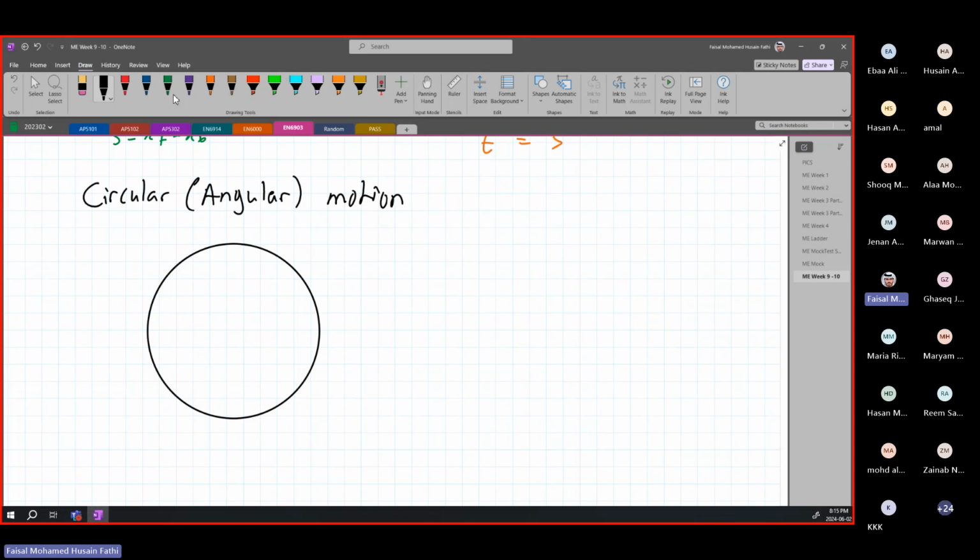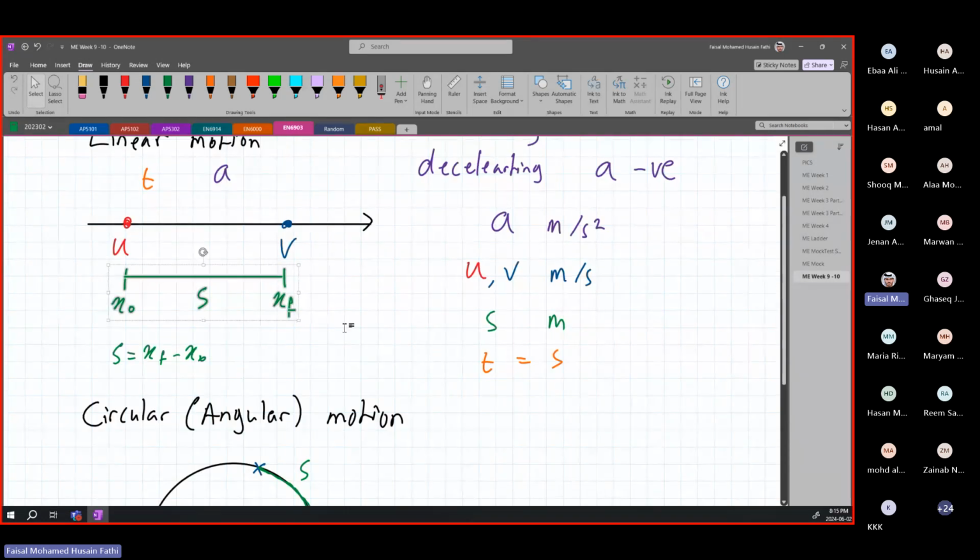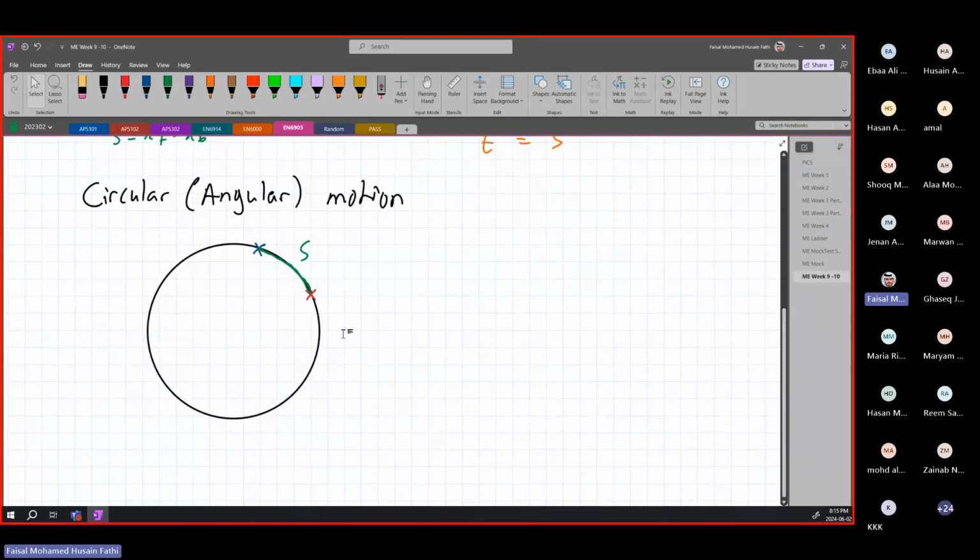Okay, so now the difference when you have circular motion is, let's say we are starting from this point over here and then we end up at this point over here. So basically you have covered this distance right here. This is your distance s, or your displacement I should say, if we're looking at it from a linear perspective.